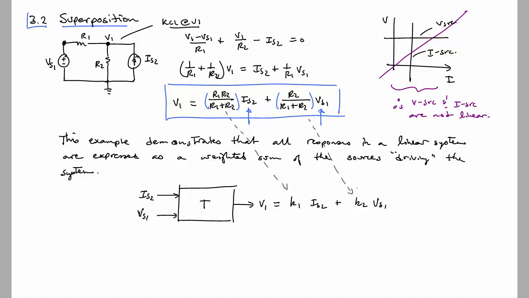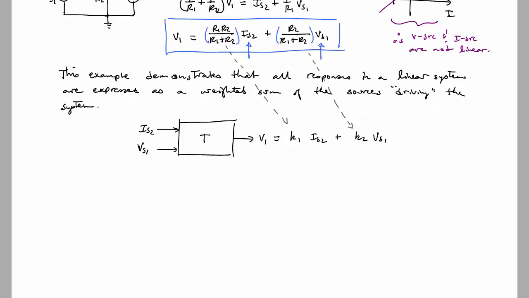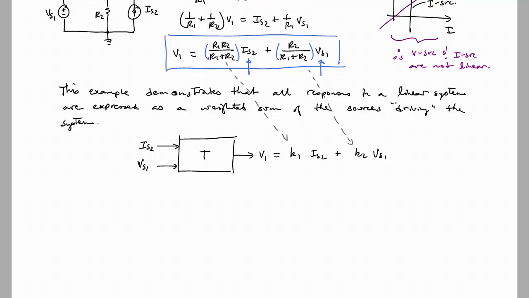And the beautiful thing about this, maybe beautiful is strong, but in a geeky, nerdy way it's beautiful, is that you can find the total response of the system to these inputs by considering each one of them one at a time. And that leads us to this idea of superposition.